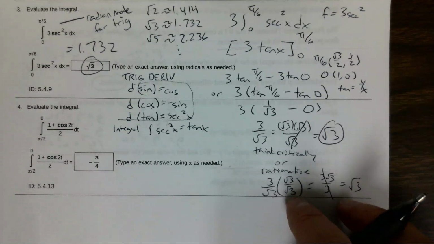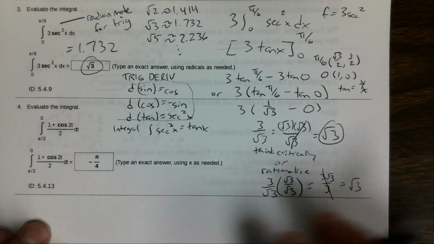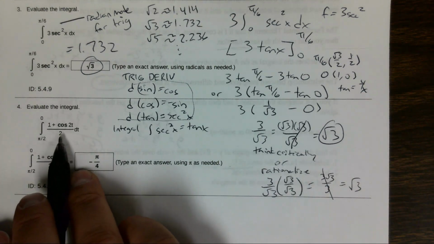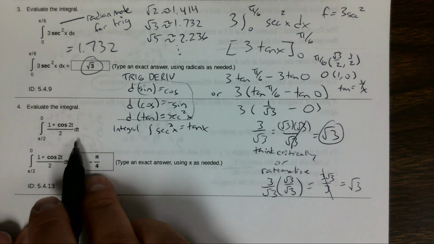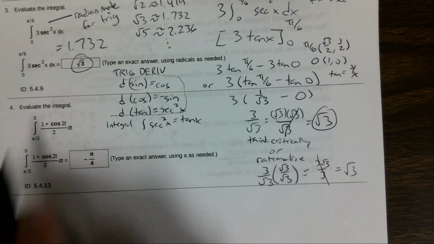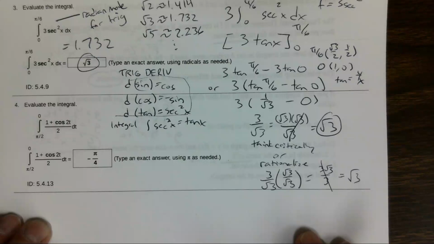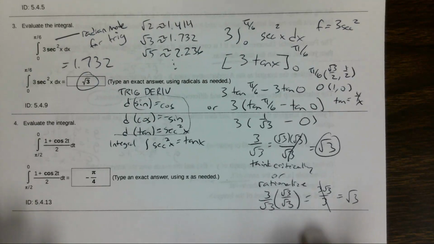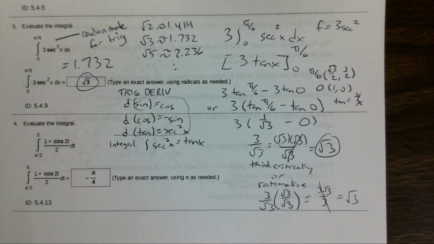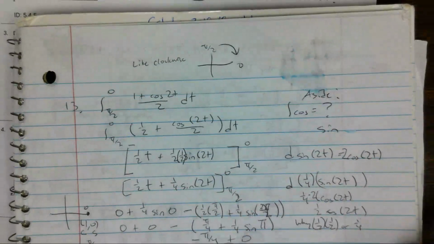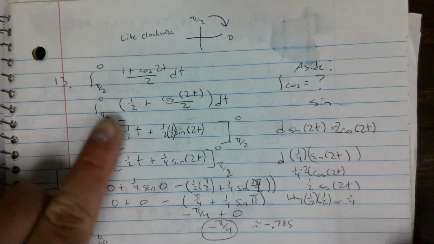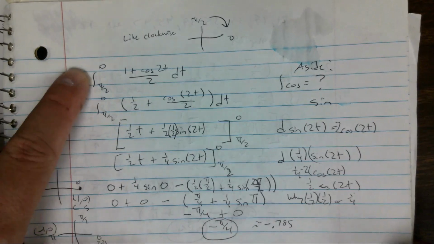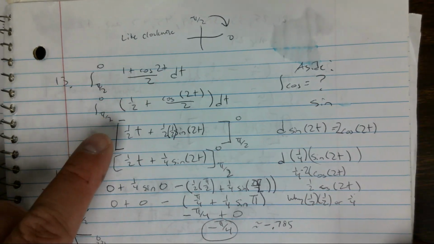On your next one, we have 1 plus cosine the double angle over 2, and you're going from pi halves to 0. So it's actually identical to what I did a long time ago. So pi halves to 0 of the same function.